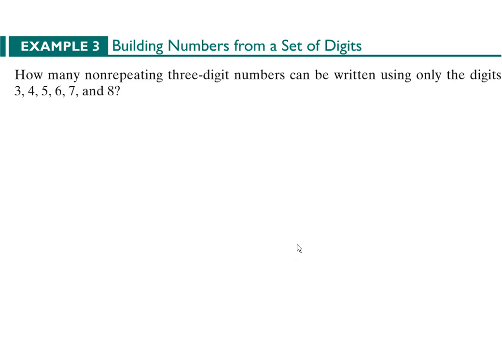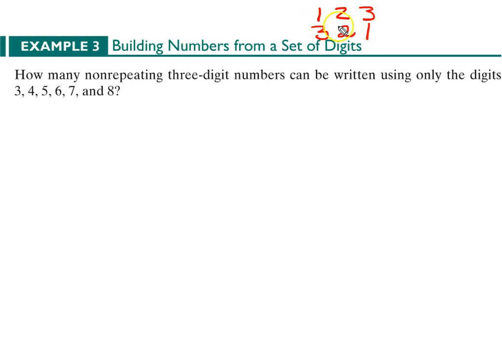All right, here we have to decide whether we're going to use permutation or a combination. How many non-repeating 3-digit numbers? Now, is order important in numbers? For instance, if we had 1, 2, 3, and then we had 3, 2, 1, are these the same numbers? No, these are not the same numbers.